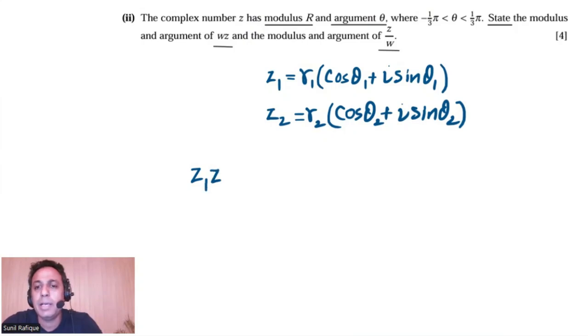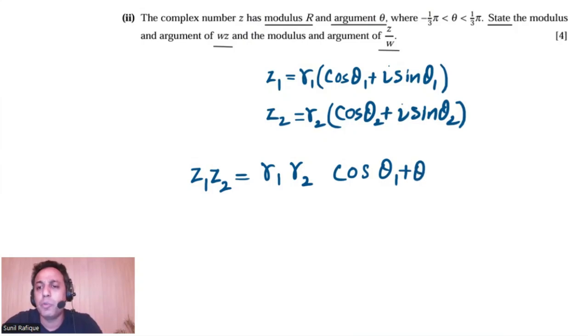When you multiply these two in polar form, their moduli multiply like r1 and r2. And when you multiply these two expressions, cos theta 1 plus iota sine theta 1 and cos theta 2 plus iota sine theta 2, you will end up using the compound angle formulas, a result like this, plus iota sine theta 1 plus theta 2.